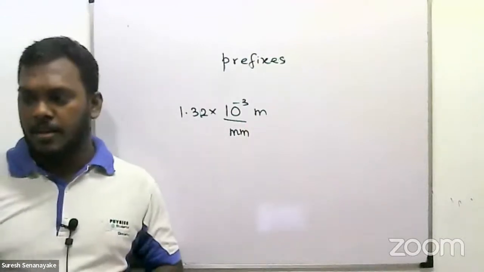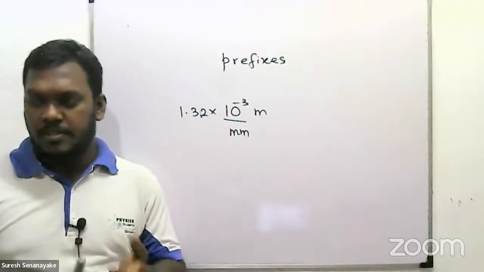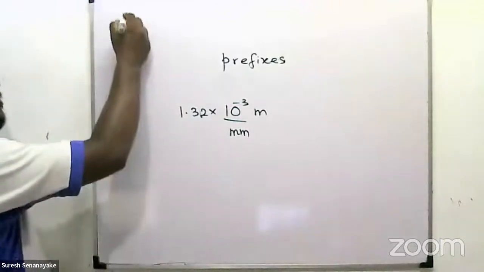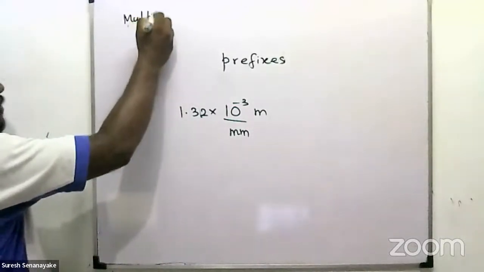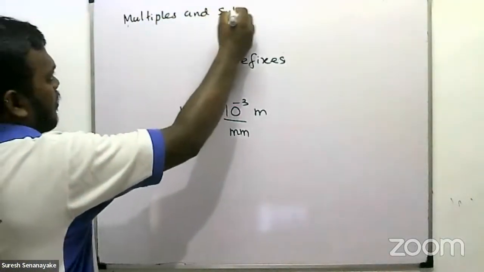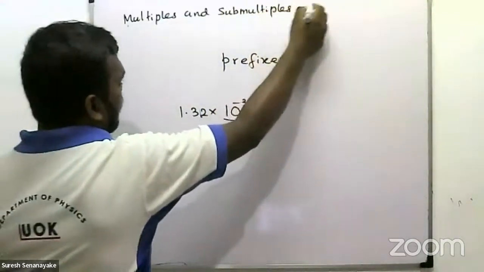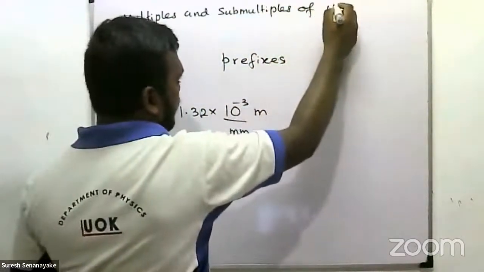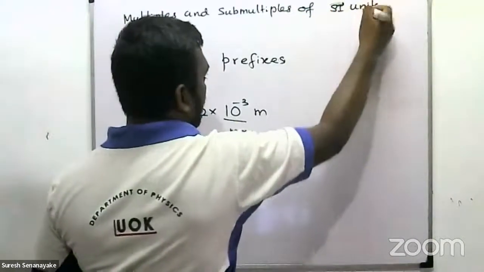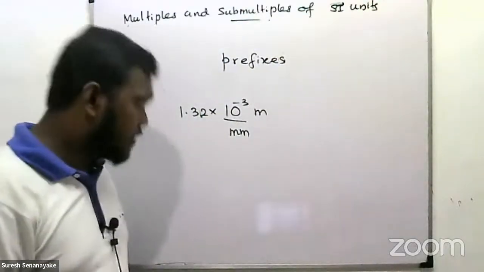Okay. Then you can write a small topic as multiples and submultiples of SI units.